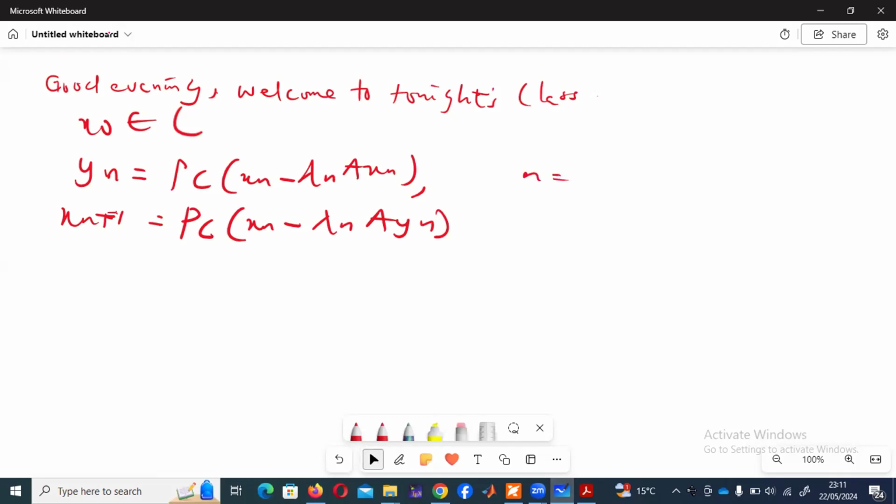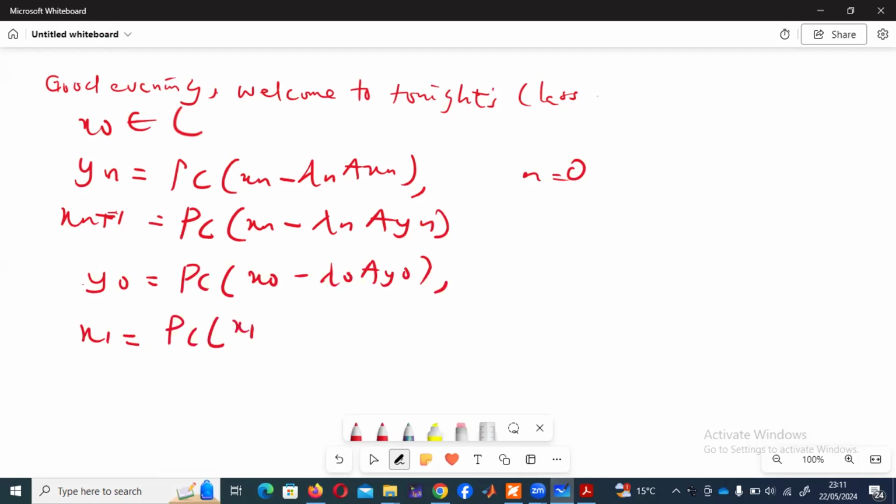So y0 will be equal to PC of x0 minus lambda naught A x0, and x1 will now be PC of x0 minus lambda 0 A y0. Then we get the sequence x0, x1, x2, like that.